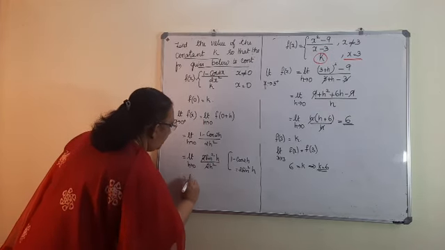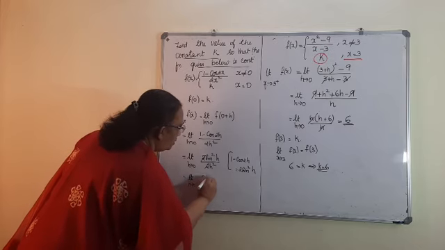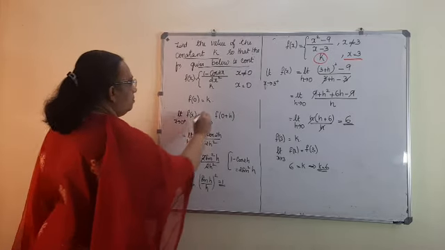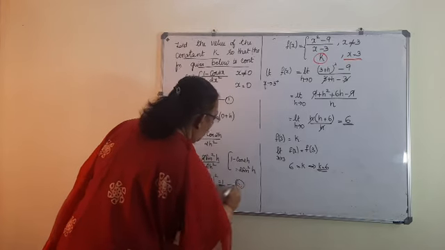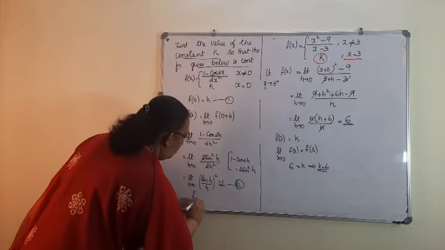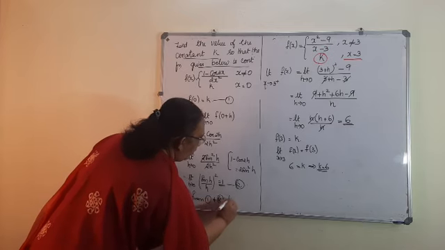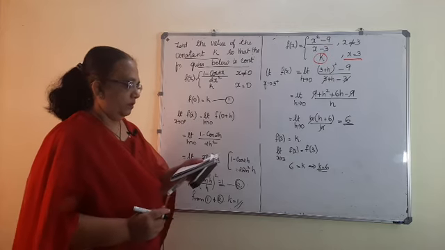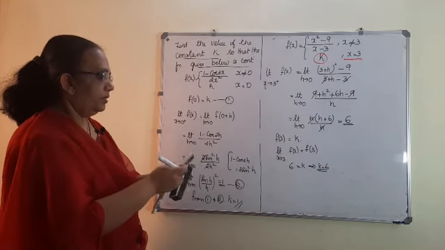This can be written as limit of h tending to 0 (sin h by h) the whole square, which is equal to 1. From 1 and 2, the value of k is equal to 1.